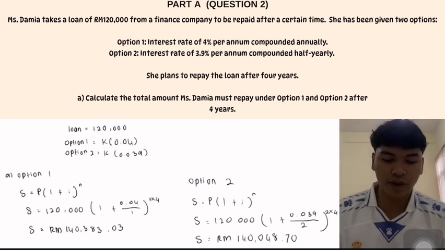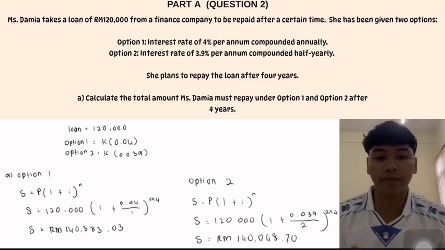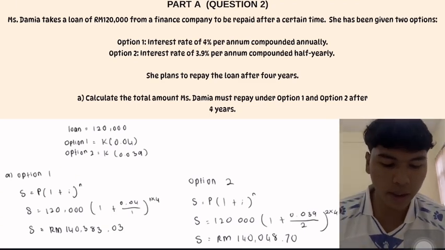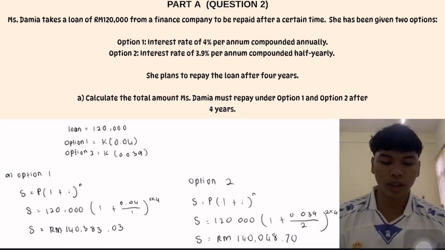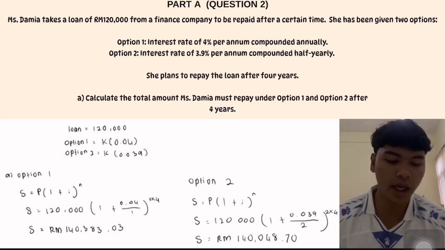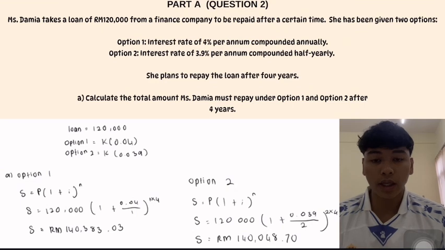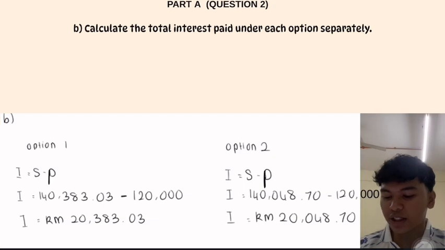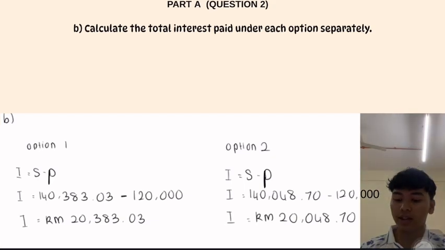While for option 2, we use the same formula, and after we substitute all the numbers into the formula, P is RM120,000, K is 0.039, M is 2, and T is 4. We got RM140,048.70.